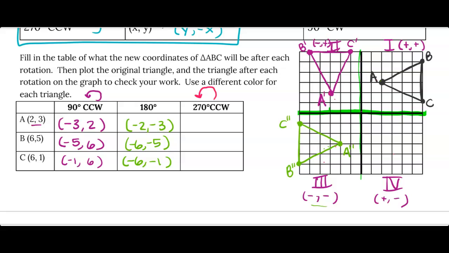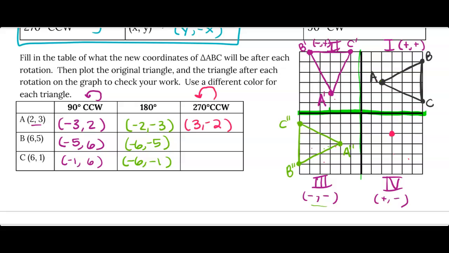So we're at 2, 3, so we're going to end up at 3, and then we have to go down 2, which makes us at 3, negative 2. Point B is at 6, 5, so it goes 5, 6, 6, 5, 5, 6.